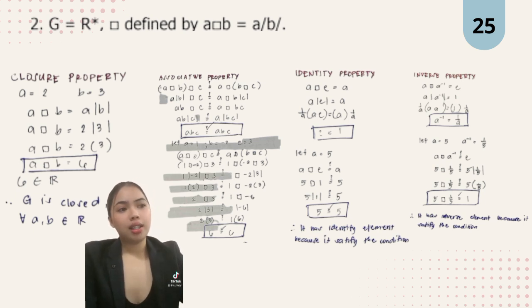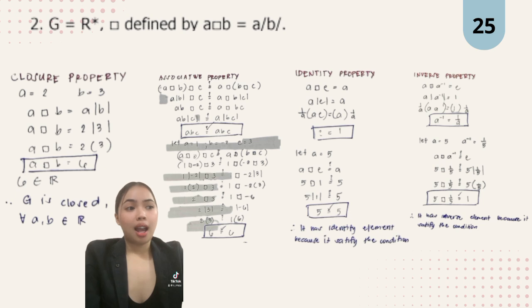And the last one is the inverse property. So A times A raised to negative 1 is equal to E, or A times A inverse is equal to E. So A absolute value of A inverse is equal to E. And 1 over A is equal to A absolute value of A, and A inverse is equal to 1 times 1 over A. So A inverse is equal to 1 over A. And it satisfies the condition in inverse.